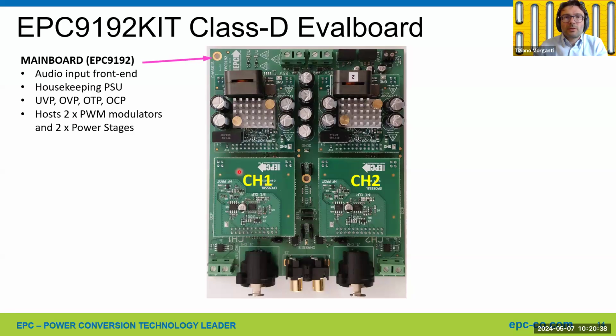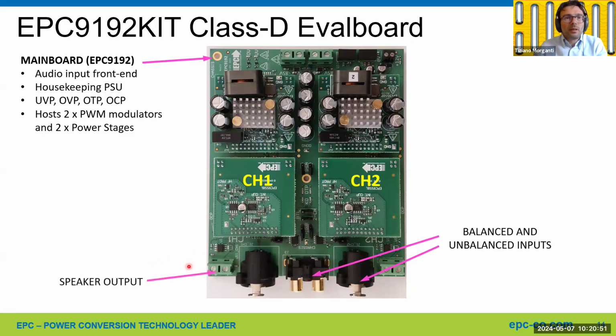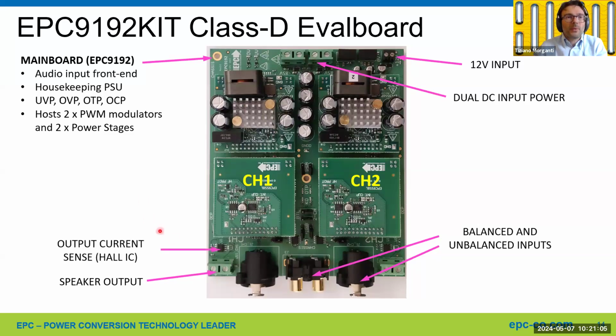It hosts two PWM modulators and two power stages. So those are the inputs, balanced XLR and unbalanced RCA inputs. We have speaker outputs on terminal blocks, the 12 volt input terminal block, the high voltage dual DC power supply.